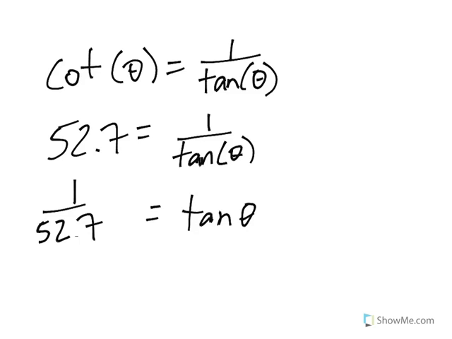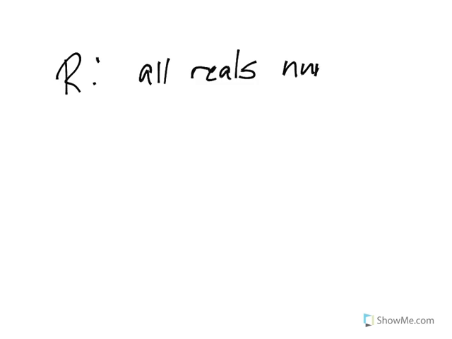And since tangent can be anything, cotangent, the reciprocal of tangent, can also be anything. So the range for tangent is all real numbers, and the range for cotangent is also all real numbers.